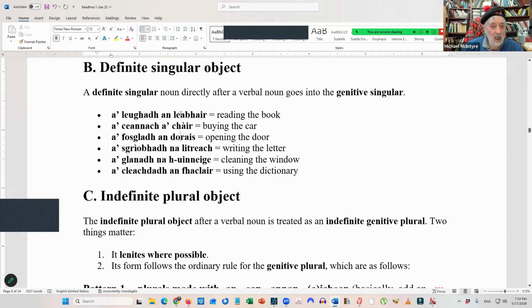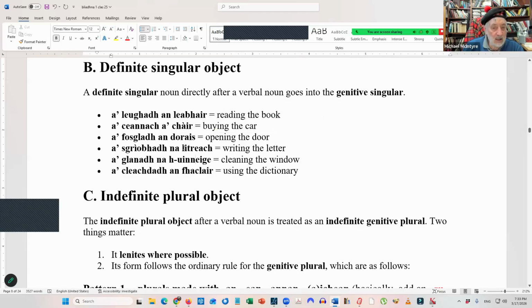A yevik an yor: reading the book, or as I said, at reading of the book. A chanach achar: car would be the genitive, so achar would be of the car. A foslich an dorish: opening of the door, or opening the door.